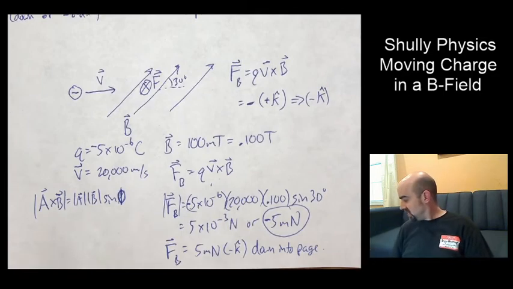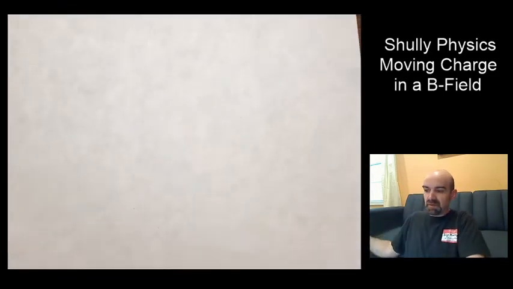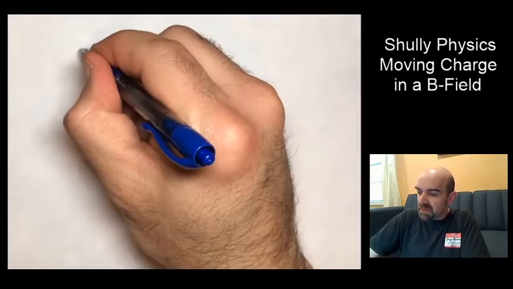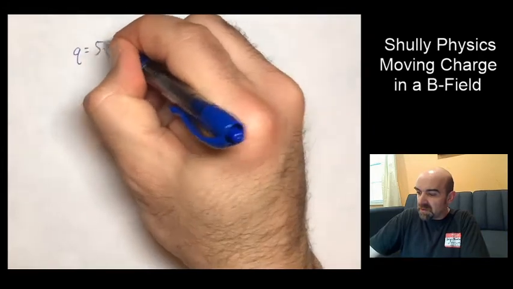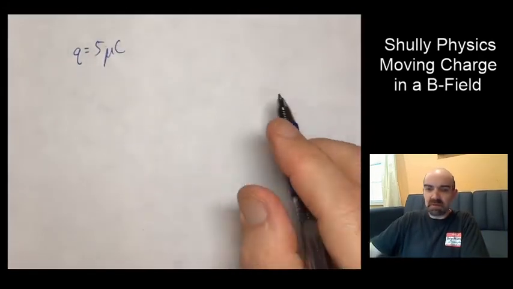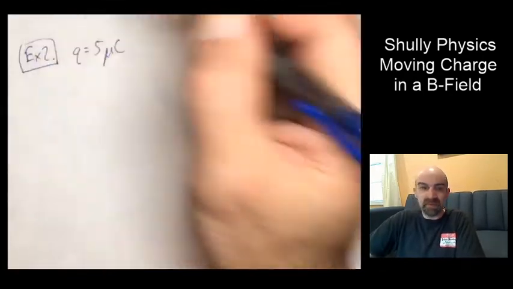Okay. Now what if we do have a new Q? Let's just say we'll take the same amount, microcoulombs. New example here. I'll call this example 2, even though I didn't label the first one.